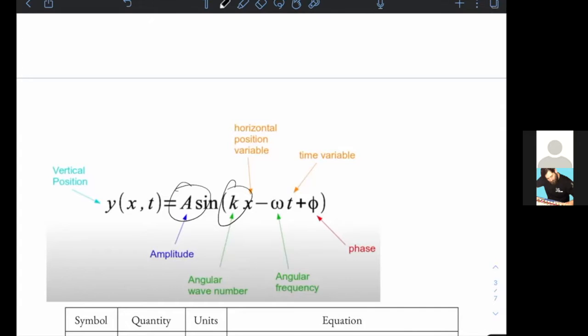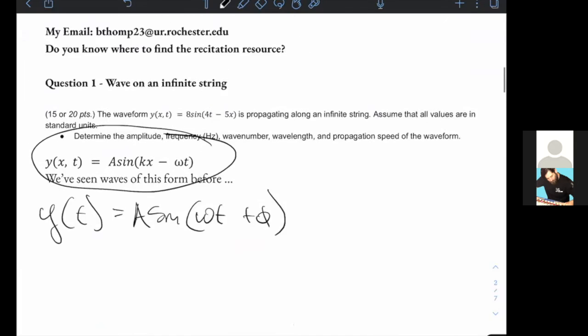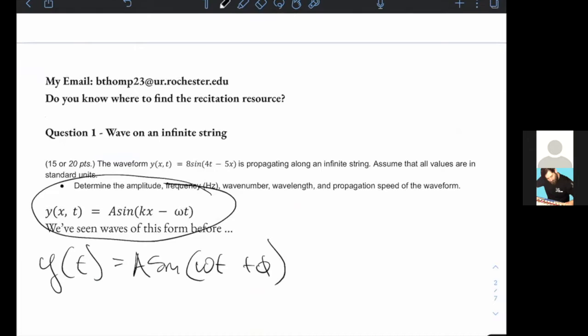It asks for amplitude. It asks for frequency in hertz. Don't forget, you're going to be able to read angular frequency in radians per second right out of the problem statement, but you will have to convert that to frequency in hertz. And remember, omega equals 2 pi f. Let's write that in here.